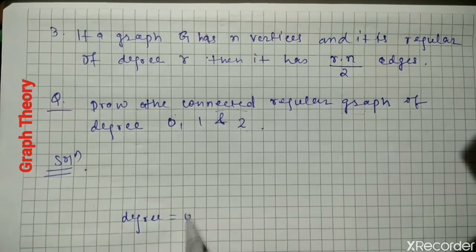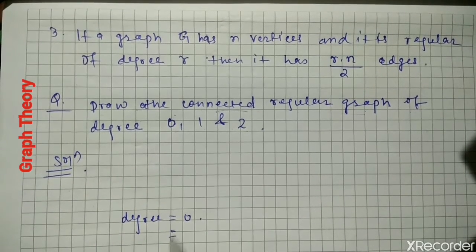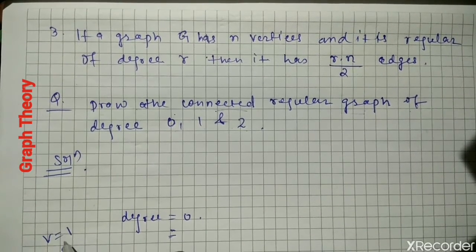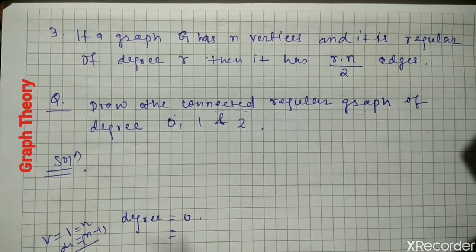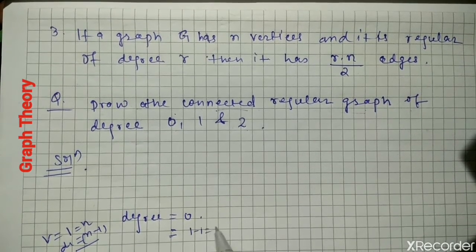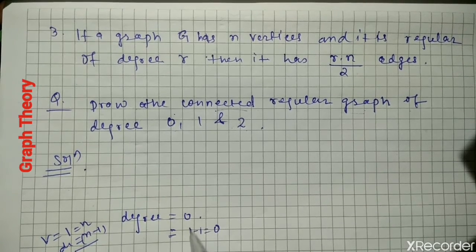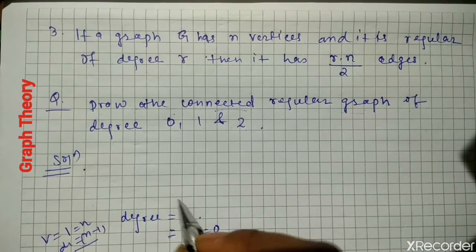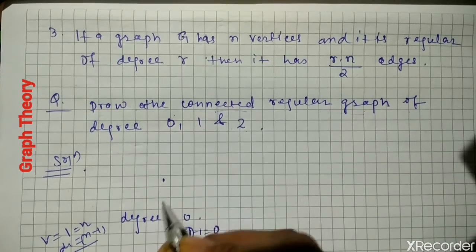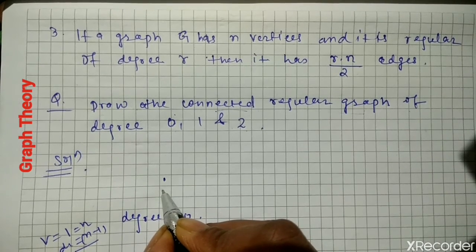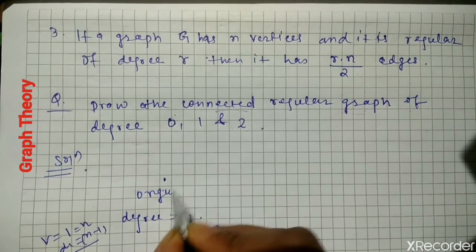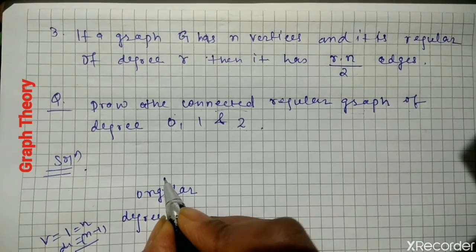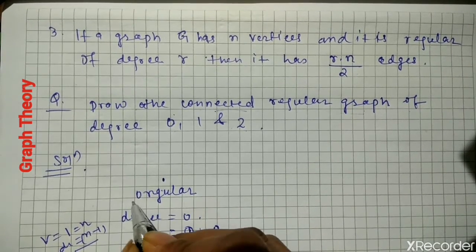If we have one vertex, the degree is n minus 1, so 1 minus 1, that means 0. Only one vertex. This is known as K1, and it is a 0-regular graph of degree 0.